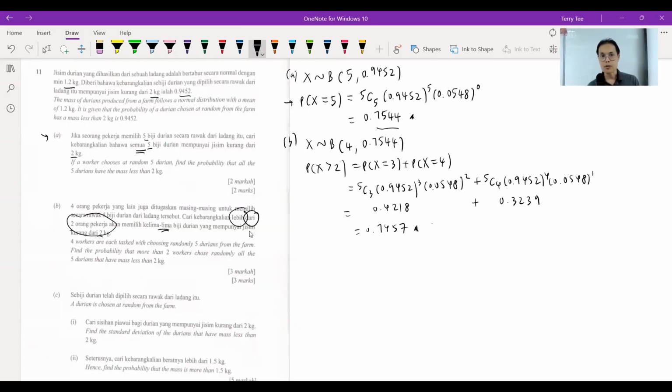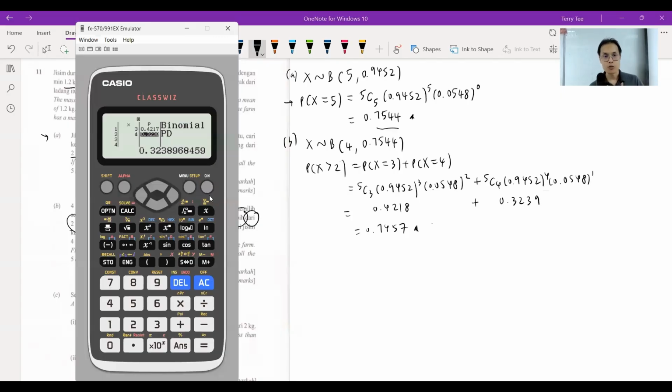Another way is we can use the binomial CD. CD means cumulative. With the mode, 7 for distribution. The replay button go down, go to number 1 for binomial CD. Then you go to 2 for variable. CD simply means we calculate from 0 up to a number. So in this case, I want more than 2. More than 2, we can use 1 minus less than or equal to 2.